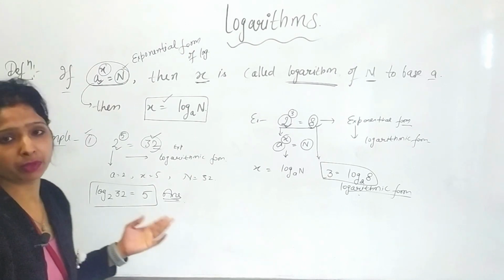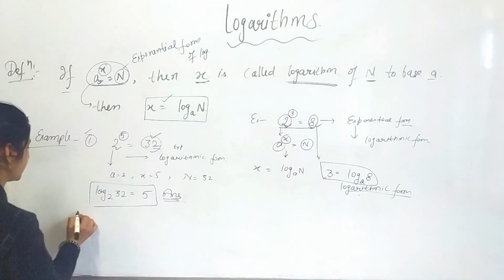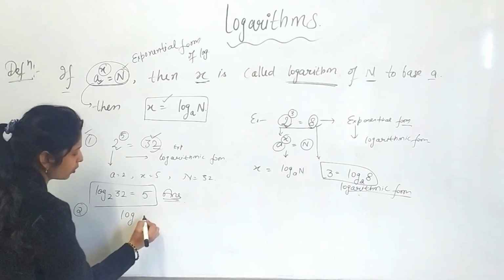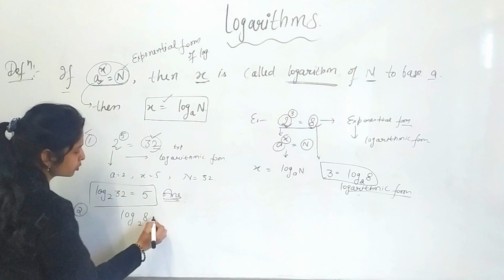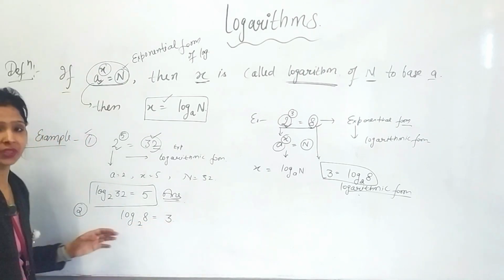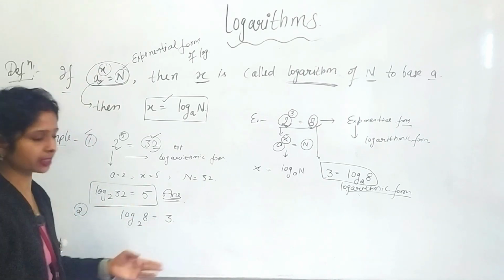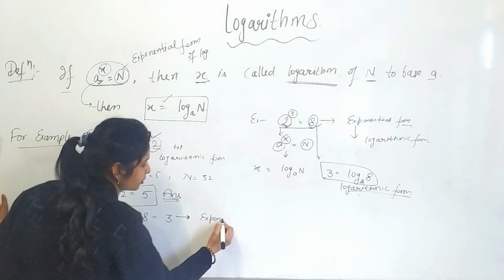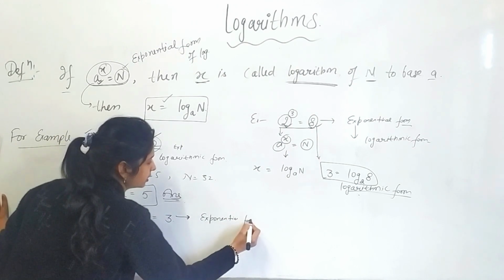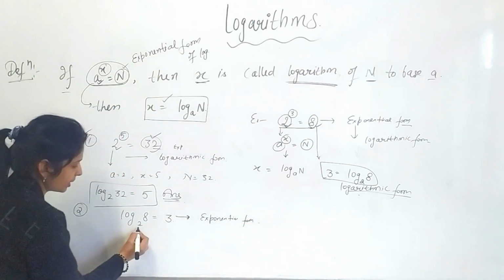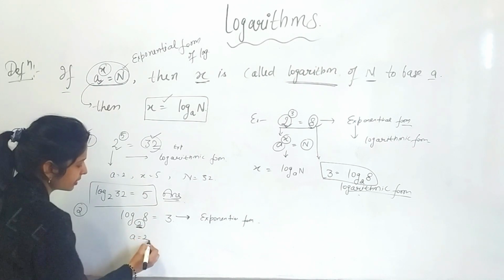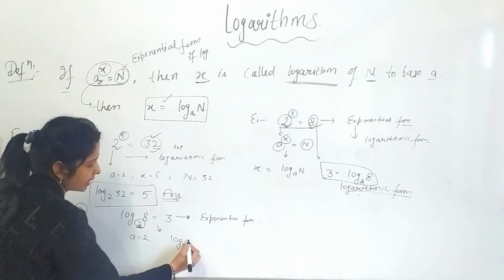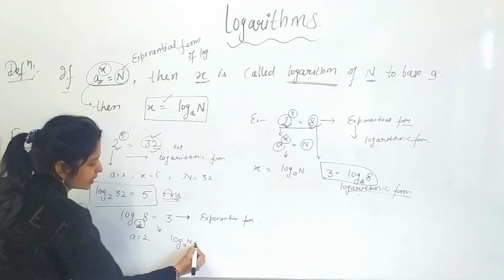Now for the next example, suppose we have logarithm of 8 at the base 2 equal to 3. This is the statement in logarithmic form and we have to convert it into the exponential form. तो हम कैसे सॉल्व करेंगे इसे? यहाँ पर हमने देखा कि a is here 2, क्योंकि हमें ये जो लोगरिथमिक फॉर्म है वो गिवन होगी logarithm of n at the base a is equal to x.